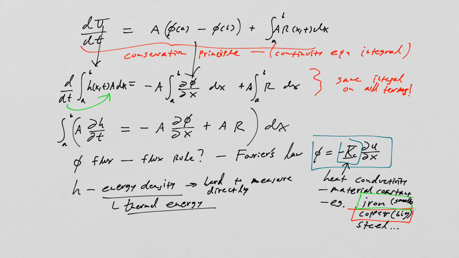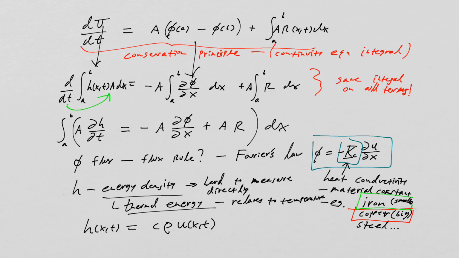Thermal energy now. So let's see if we can do this one. So thermal energy, we can actually relate this. So it turns out that H of x comma t relates to temperature by C times rho times U of x comma t.